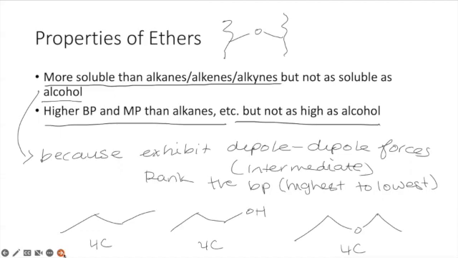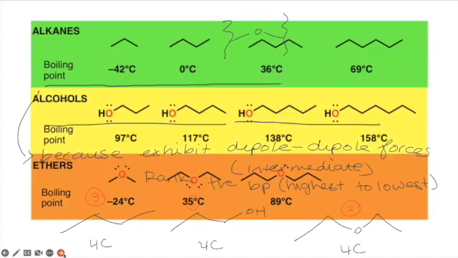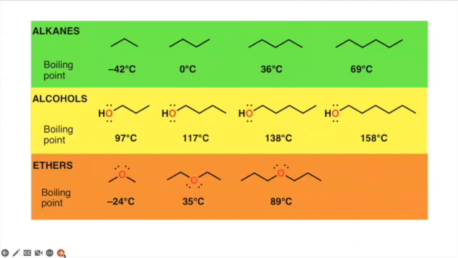An alcohol would be the highest, an ether would be the next highest, and an alkane would have the lowest boiling point. And so again, building on this image, I've now cropped in the ethers, in which we see that they're somewhere between the alkanes and the alcohols, right? And so it's put definitive numbers on them.